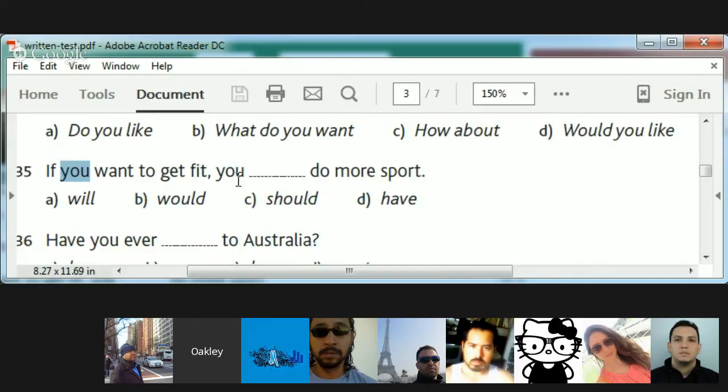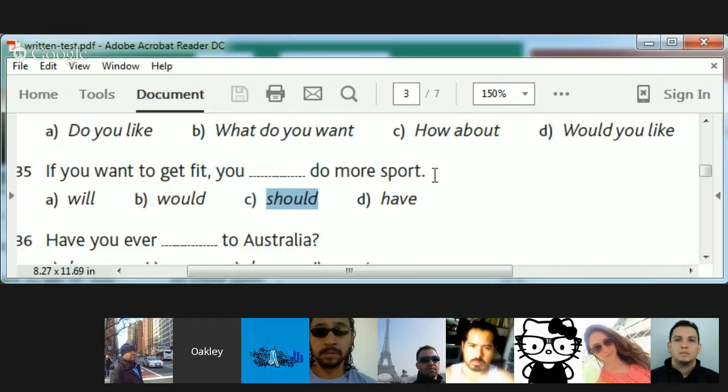So what conditional is this with should? Because this is obviously present tense, it can only be first or zero conditional. So it is zero conditional. I think I agree. No, I do agree. That's interesting.